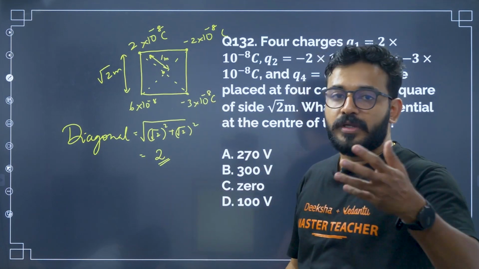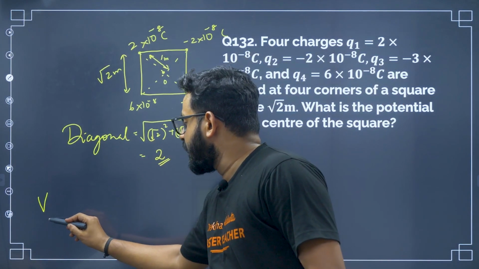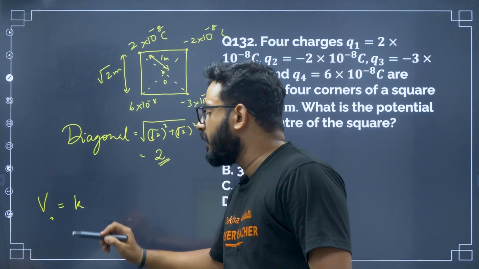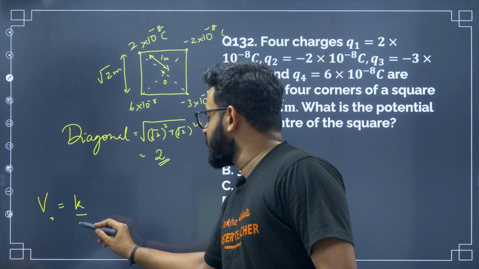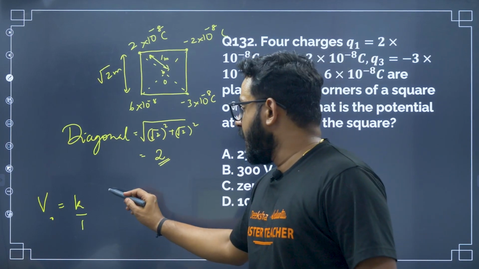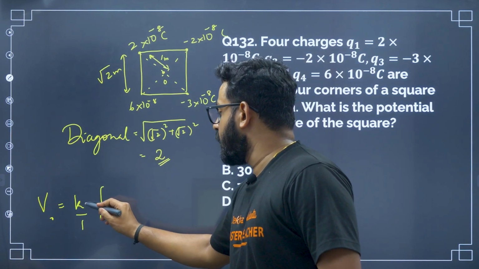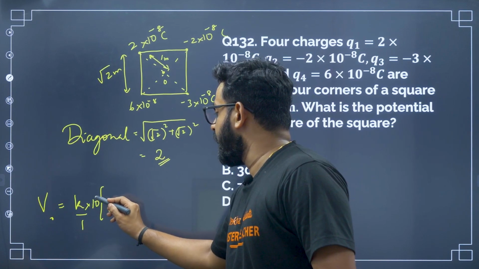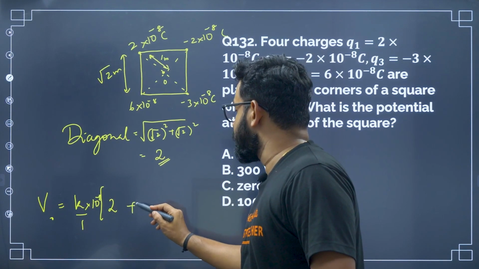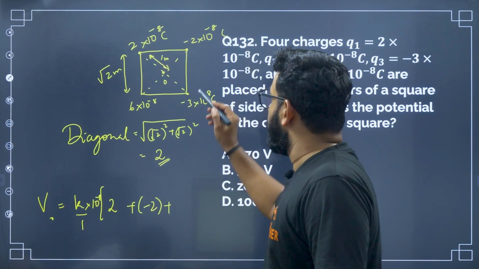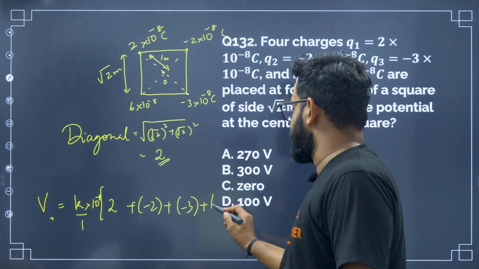Now you can write the total potential at the center. Total potential at the center, V0, is equal to K is common and distance R is common. Only change is in the charges. So 2 into 10 to the power minus 8 is common, into 2 minus 2 plus minus 3 plus 6.